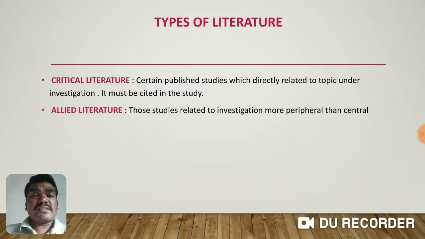It means there are some studies which are necessary to consider while taking the reviews but are not directly related with the specific research topic, that should also be considered by the researcher while undertaking their research work as a literature review. So these are the two types of literature which a researcher needs to consider while writing the literature review for their present research work.